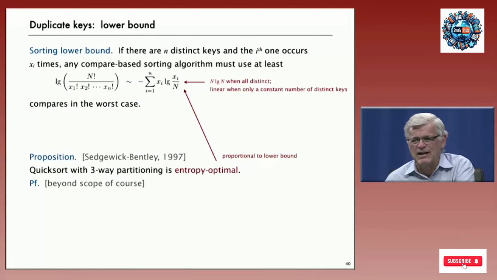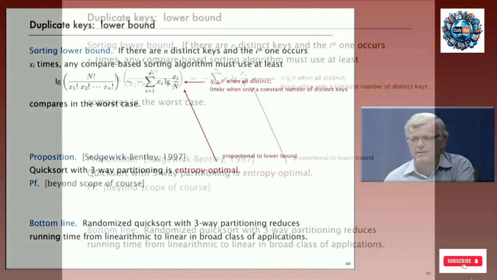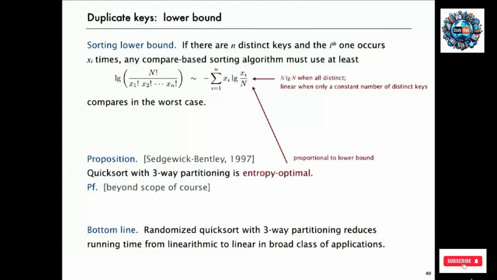The proof of this fact is quite beyond the scope of this course, but it's still an important fact. And the bottom line is that if you randomize the order and use three-way partitioning, then there's a lot of applications where your sort routine is going to be linear, not n log n. So it'll be much faster than merge sort and other methods for really a broad class of applications.